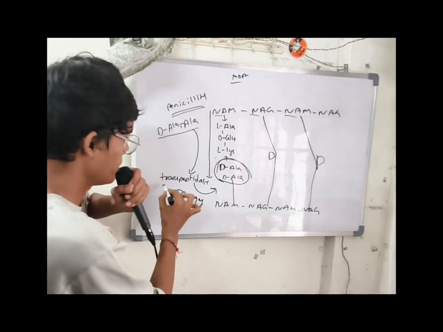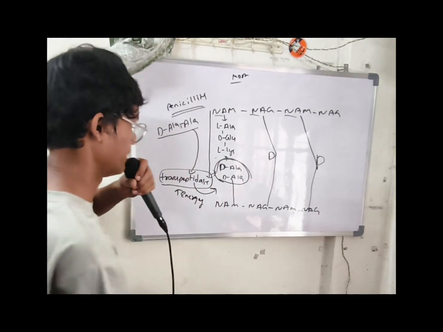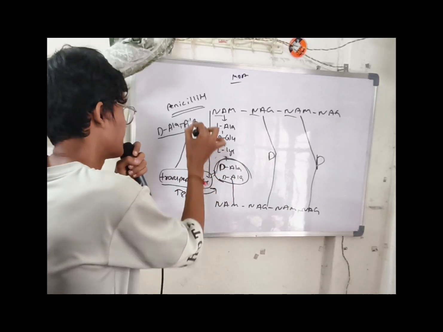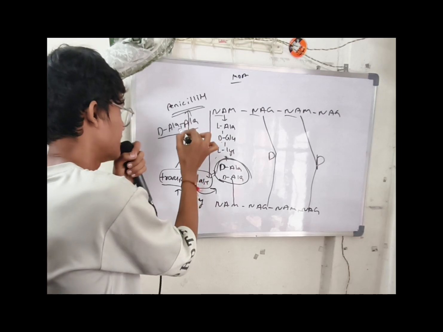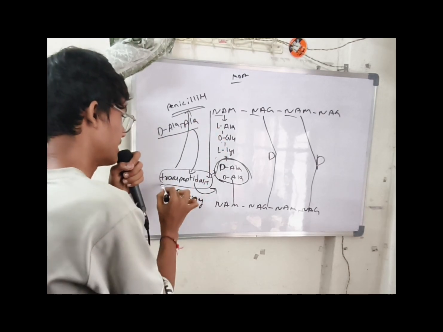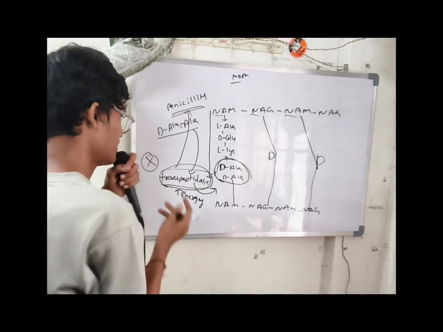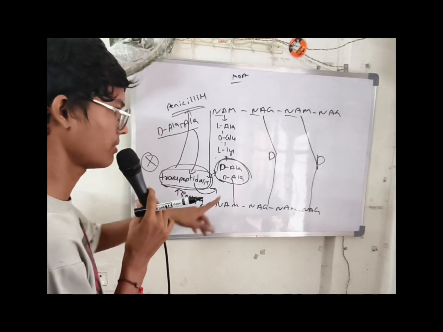Instead of recognizing the bacterial D-alanine sequence, it will recognize the D-alanine sequence of the penicillin. After the D-alanine sequence of penicillin is recognized by the transpeptidase, the transpeptidase is stopped.